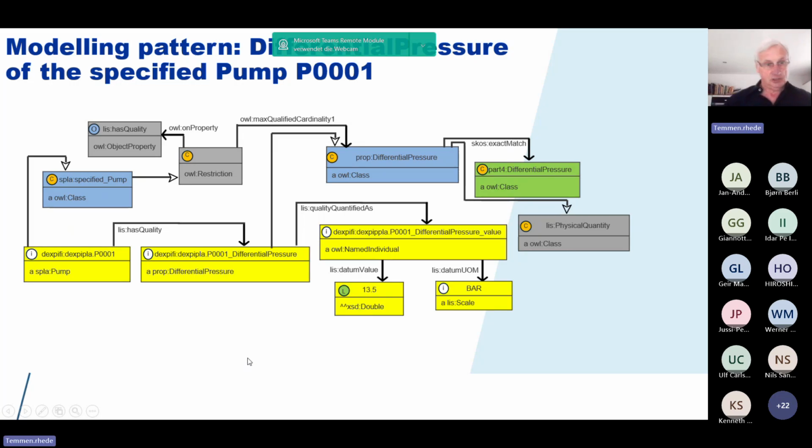And on instance level, we see here the instance, we have a special pump, P001, and this one with LIS has quality. There is an instance for the property, and there is an additional instance for the value of the property, and they are related to LIS quality quantified as. And the last instance, there are always the 3 instances, and the last one has the real value with LIS datum value and has the real unit of measurement bar.